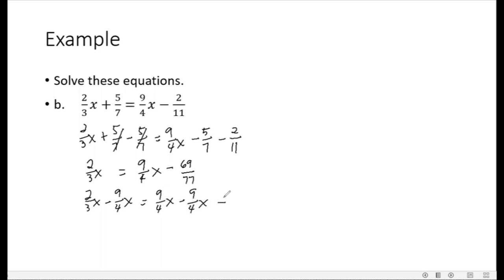Then bring down negative 69 over 77. So the 2 over 3x minus 9 over 4x.